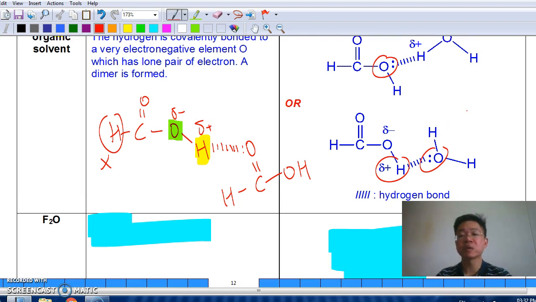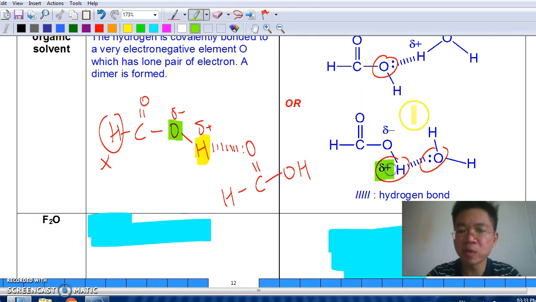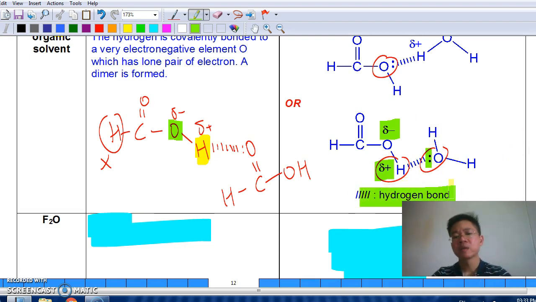So these are two possible ways to illustrate hydrogen bonding between the methanoic acid and water. Okay, the rest of the things are the same, showing the delta plus on the H that forms hydrogen bond and the delta minus on the atoms that's next to the H, showing lone pair and the labeling.